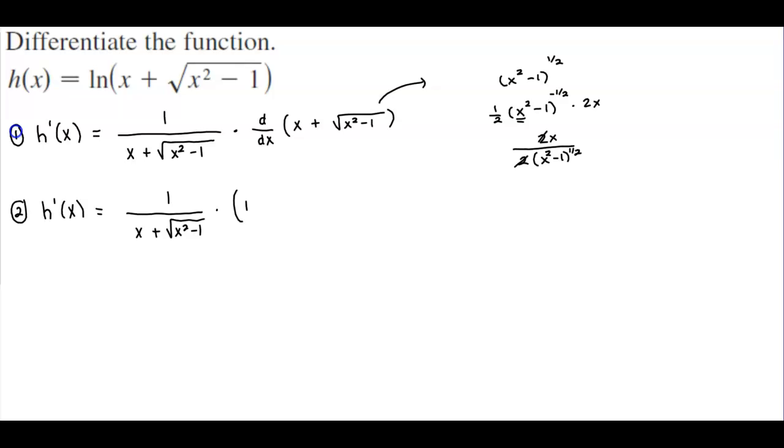And if we simplify the 2, then we get x over the square root of x squared minus 1. So therefore, this is going to become 1 plus x over the square root of x squared minus 1.